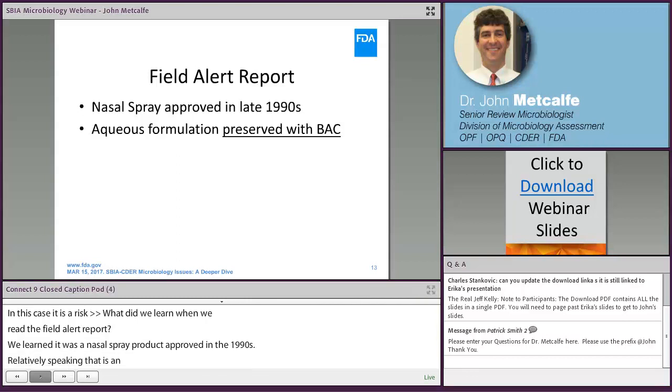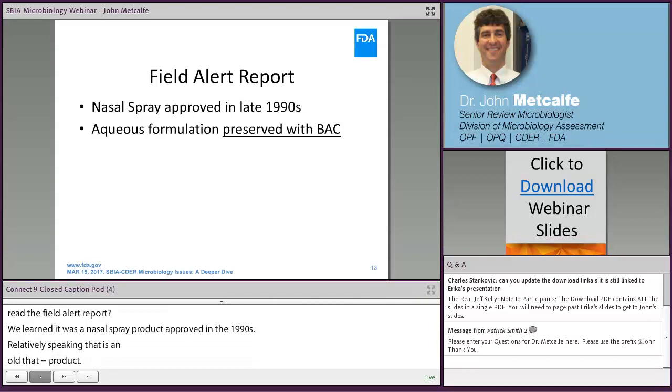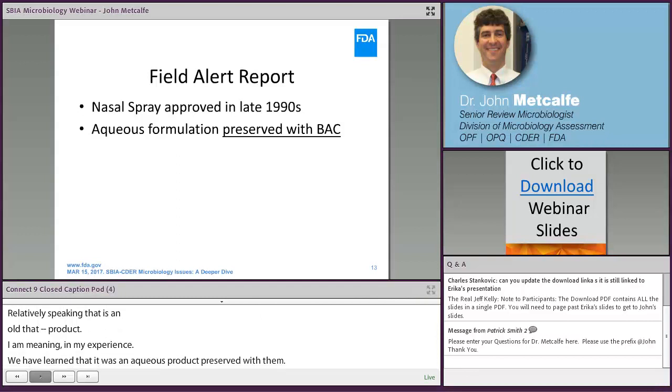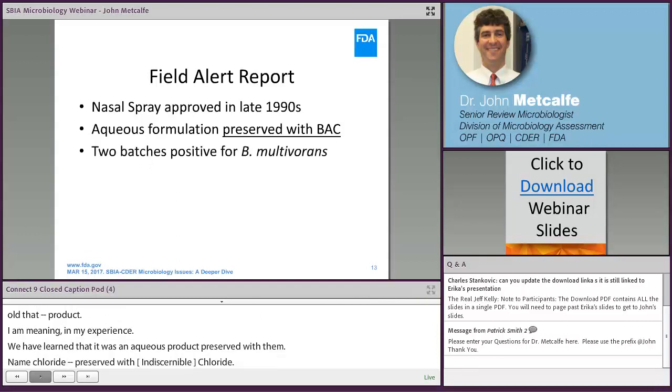We learned that it was an aqueous product, and it's preserved with benzalkonium chloride. Erica spoke quite a bit about what aqueous products are in terms of microbiological risk. This one contains benzalkonium chloride as a preservative.